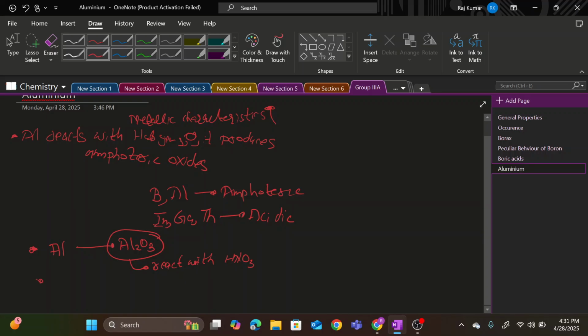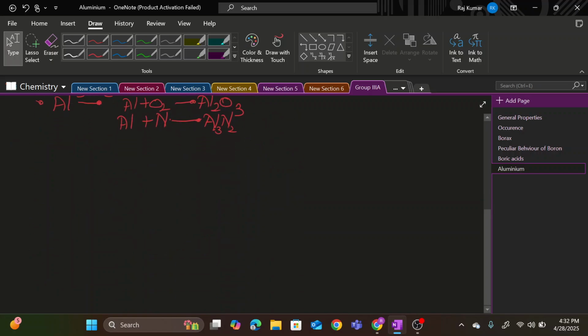Now, if we heat aluminum at a temperature as high as 300 centigrade, then that coating can be removed, and then aluminum in air can react with oxygen to form aluminum oxide, and can react with nitrogen to form aluminum nitride.